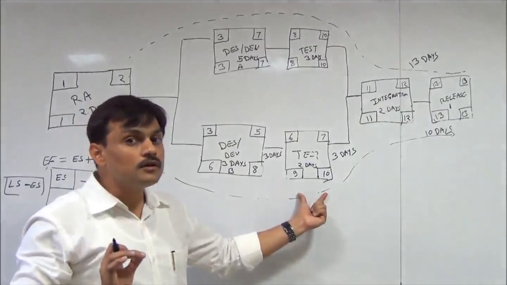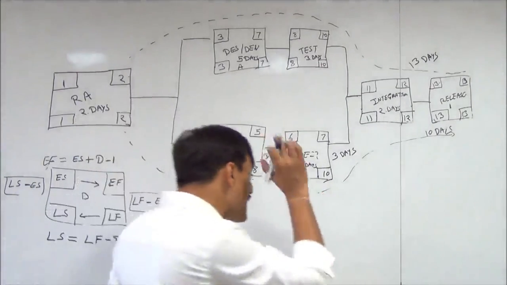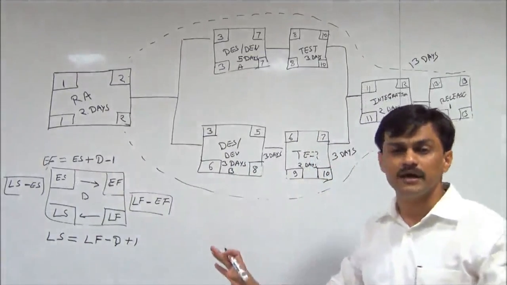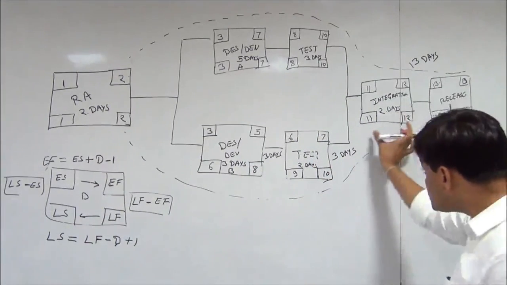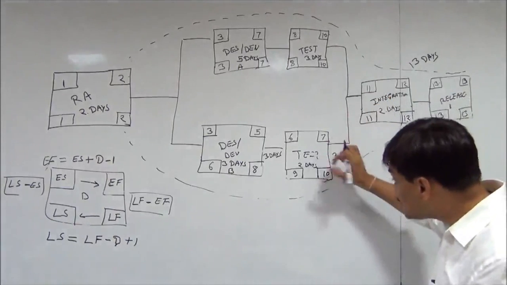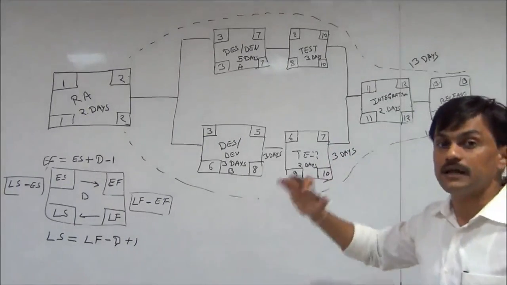The free float is where you don't have to inform anyone. If I delay this particular activity by 3 days, I don't have to inform anyone, because anyway the next activity will start on day 11 only. So the delay in this activity is not impacting any other activity.